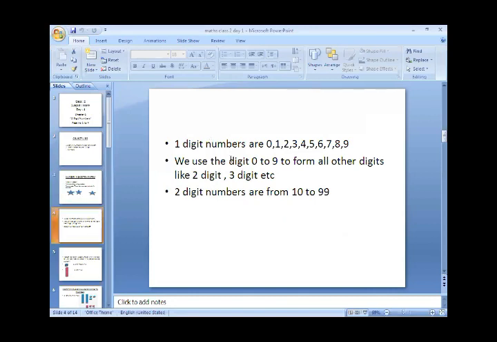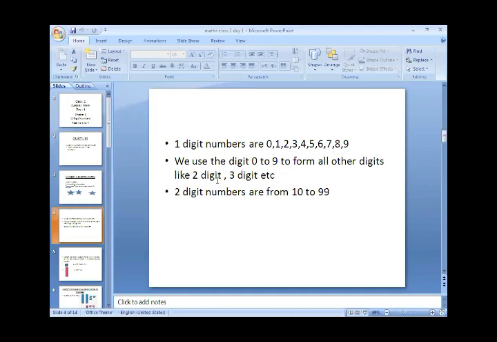There are many kinds of numbers, like 1-digit numbers and 2-digit numbers. But today we are going to learn about only 1-digit numbers and 2-digit numbers. 1-digit numbers are 0, 1, 2, 3, 4, 5, 6, 7, 8, 9. They are digits.